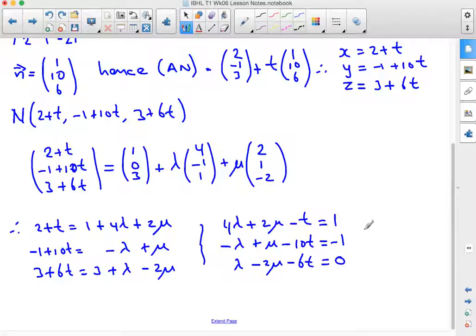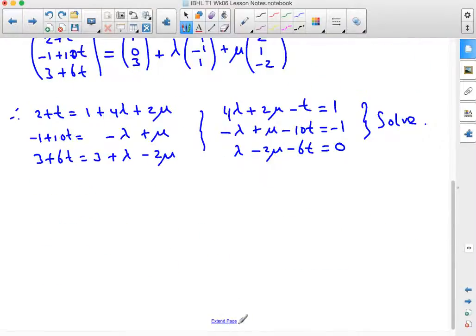Now this is a system that needs to be solved, and that's tricky, but as you can see I've written it in this shape already, so we could make it into an augmented matrix. You could use the equation solver on your computer, or you could use the augmented matrix and do a reduced row echelon form, which is what we're going to do today.